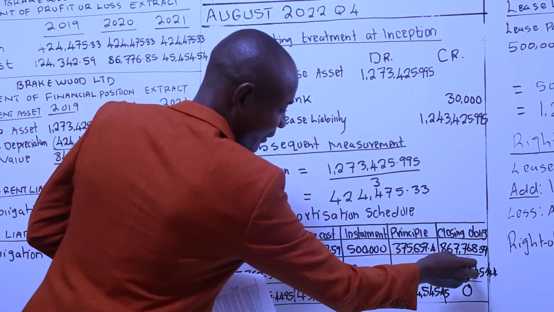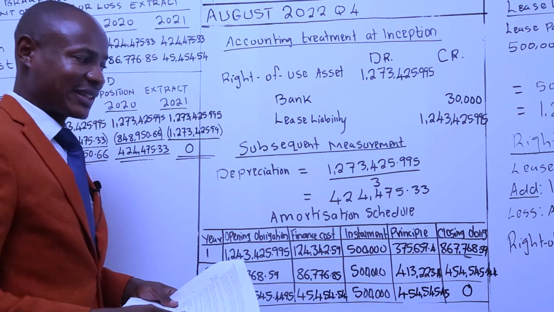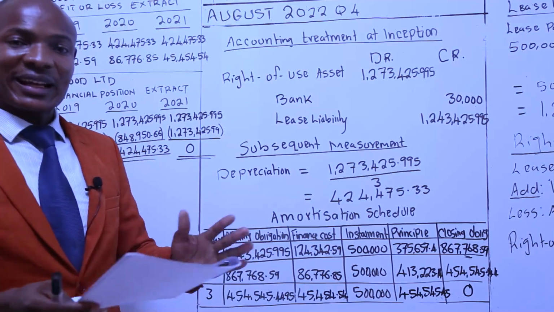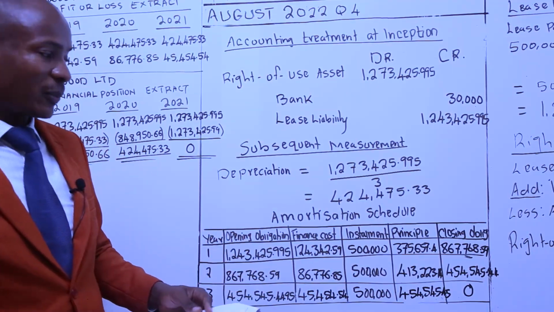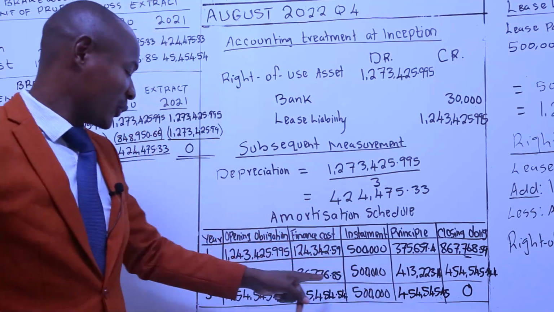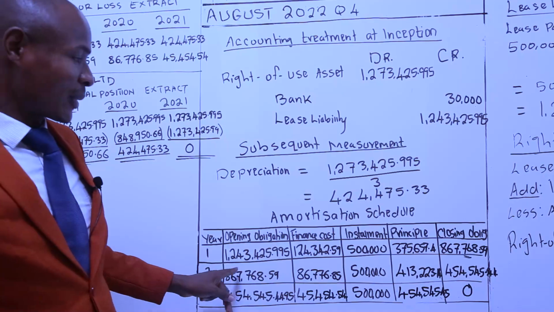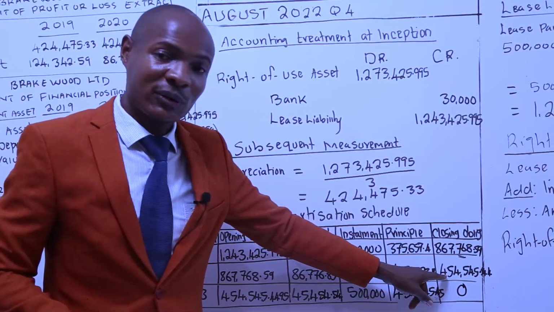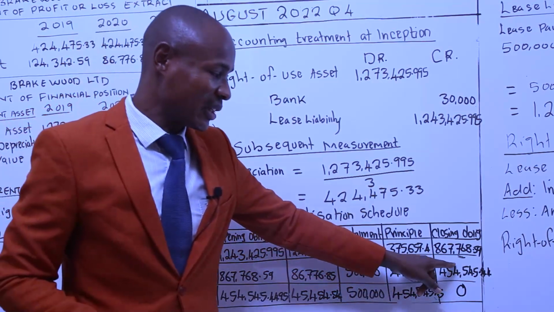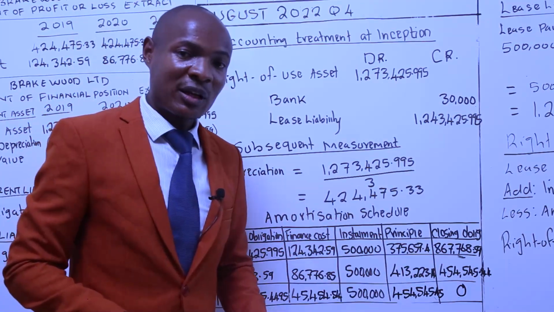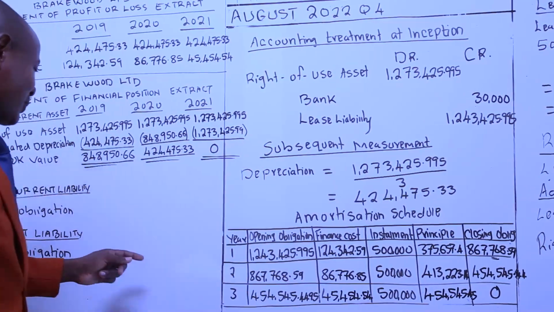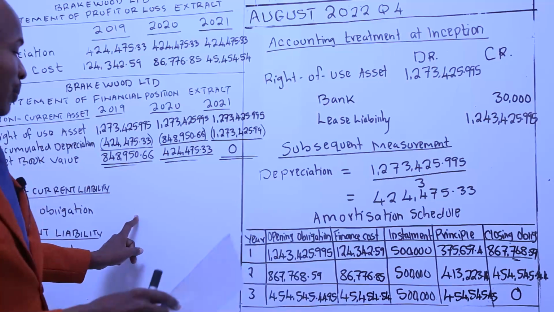The 867,768.59 is made up of the principal of 2020 and the closing balance of 2020. When you add these, you get the obligation for the year 2019.